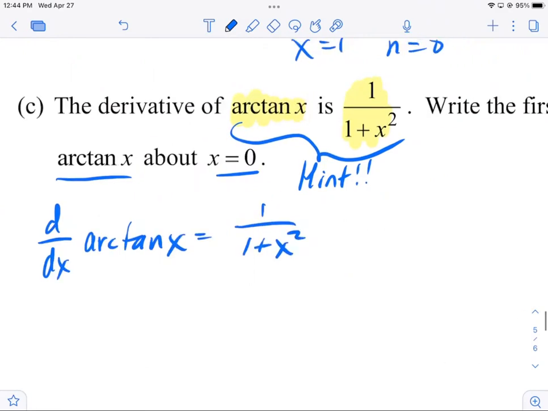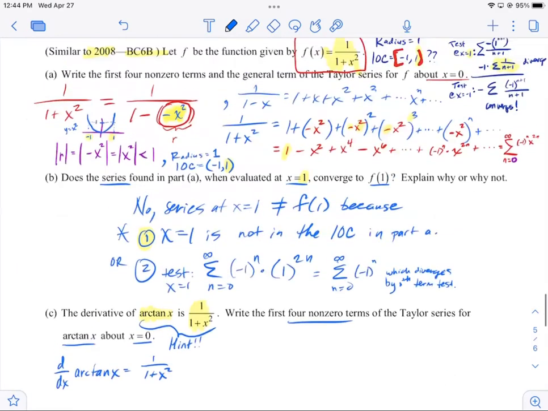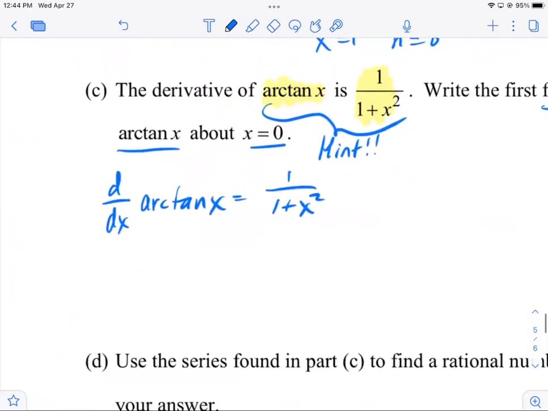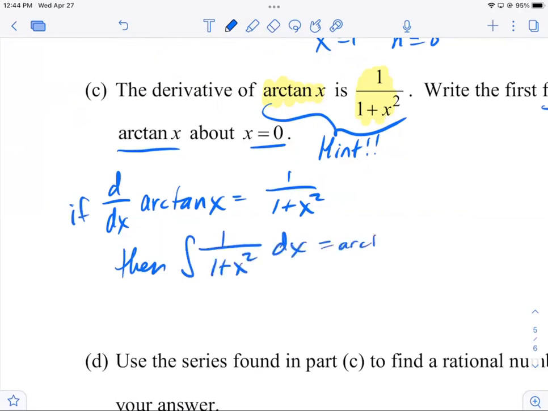So how can I use my Taylor series for 1 over 1 plus x squared up above to get arctangent? Do I take its derivative or do I integrate it? If the derivative of arctangent is 1 over 1 plus x squared, then the integral of 1 over 1 plus x squared with respect to x is arctangent of x plus capital C.